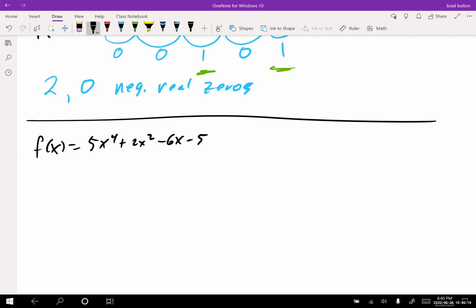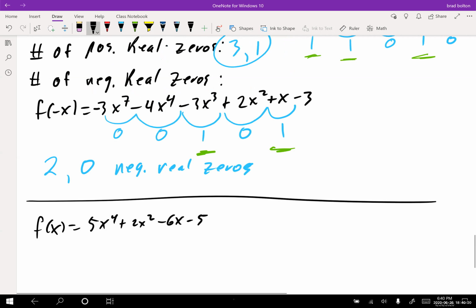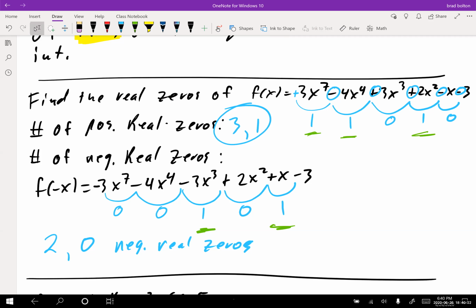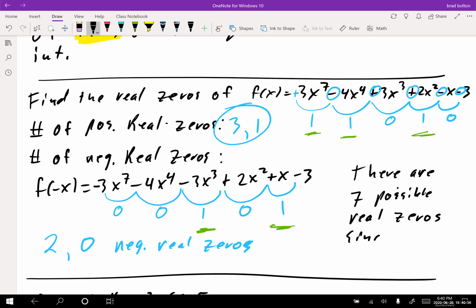Okay, hopefully you're back from the video. Maybe something I should have done on the previous example is to say there are 7 possible real zeros overall, since the degree is 7, right? Right here is a degree 7.